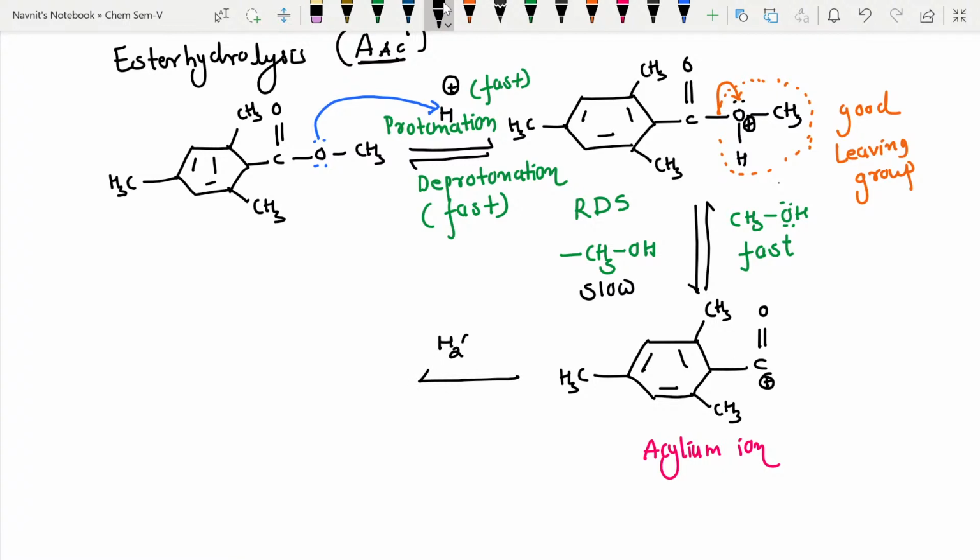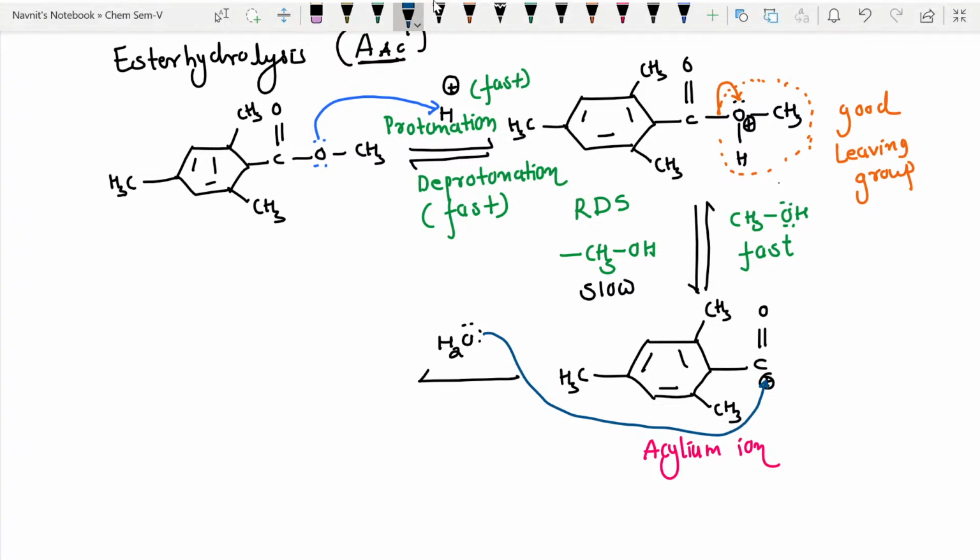Now we have already added the water molecule, because we are discussing hydrolysis, which means water is always present in excess during the reaction. So this water molecule, this oxygen, contains two lone pairs. Now one of the lone pairs attacks this positively charged carbon.